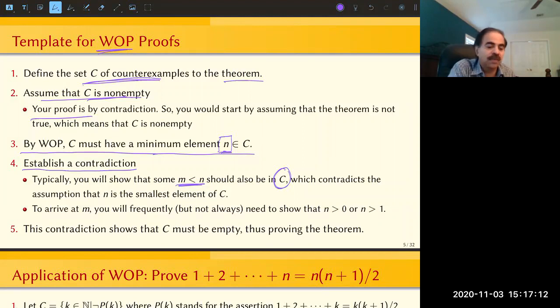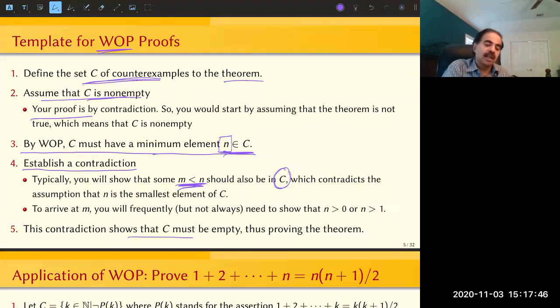So now if you could say that there is some other smaller element than n in C, that is a contradiction, which means there is no smallest element of C. Because you assumed n was the smallest, and then you showed another smaller element, which means there does not exist a smallest element in C. And then you can say from the well-ordering principle, the only way you may not have the smallest element is because the set is empty.